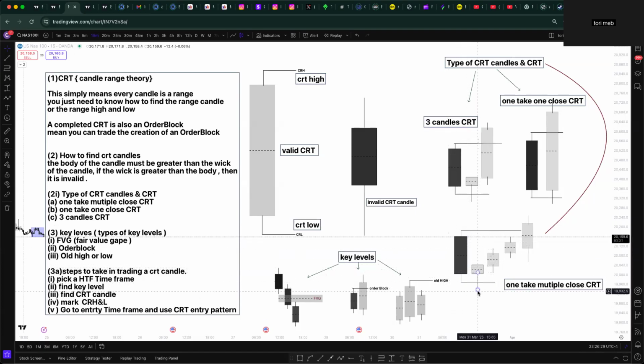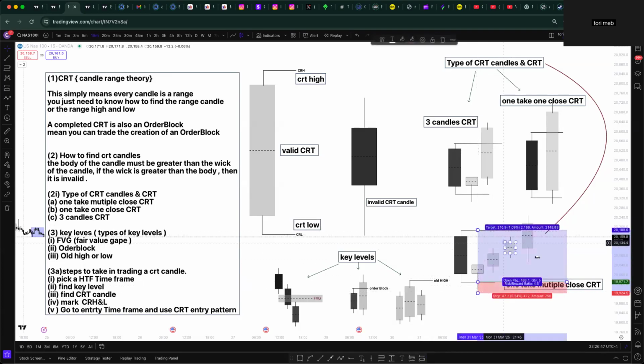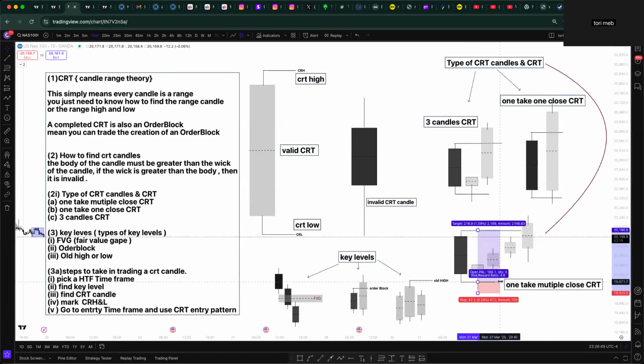You wait for the manipulation. You get into the trade during the manipulation. After the manipulation, you take a trade to the high. So let's say you take a long from somewhere here on a lower time frame, because you are seeing this on a higher time frame. So that is a one take multiple close.